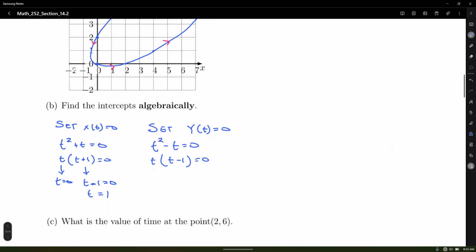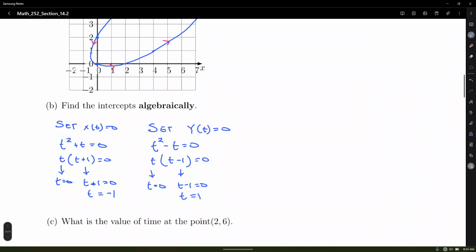Again, zero product property, t equals 0 or t minus 1 equals 0, which means t equals 1. Notice the t equals 0 result is repeated, so you just work with it only once.